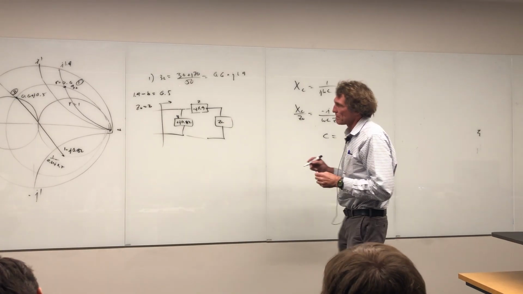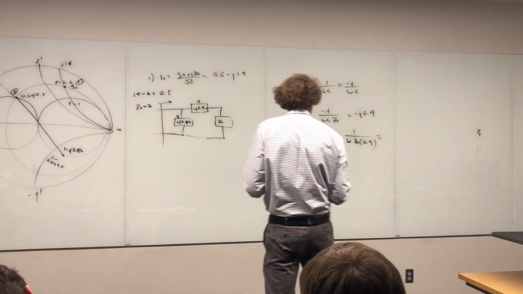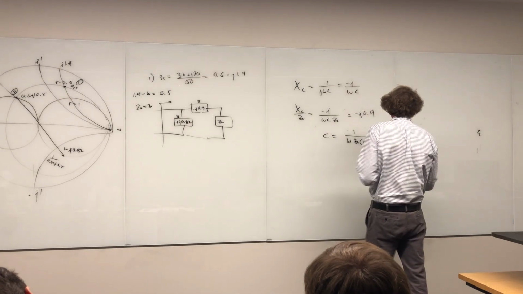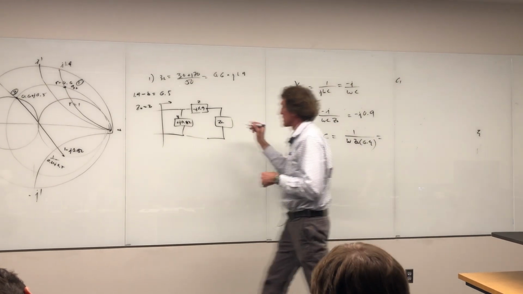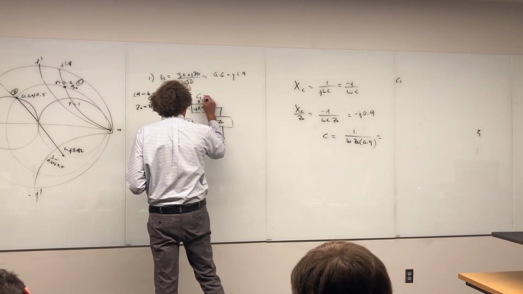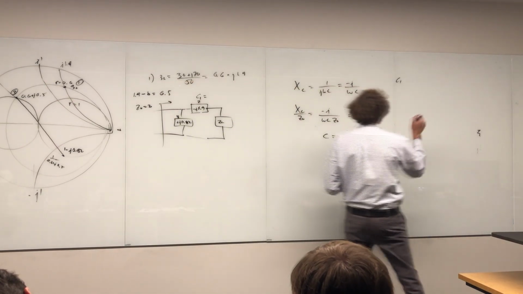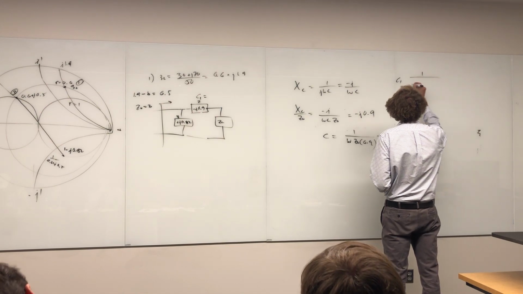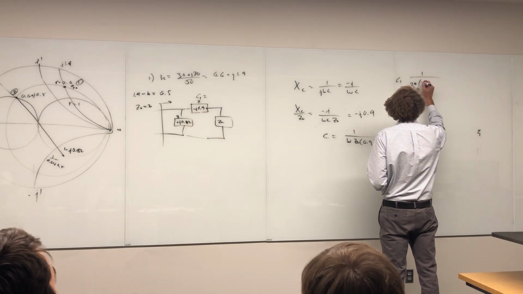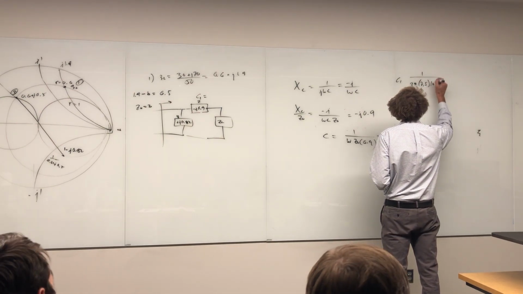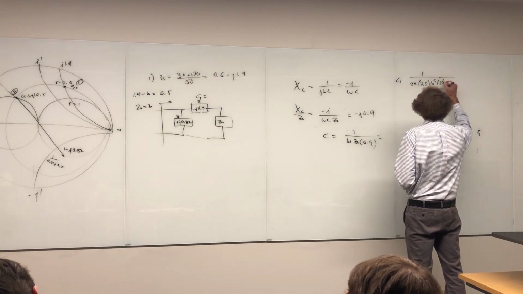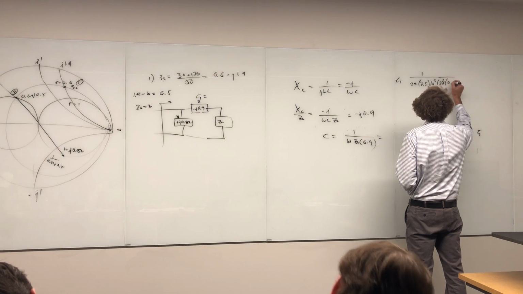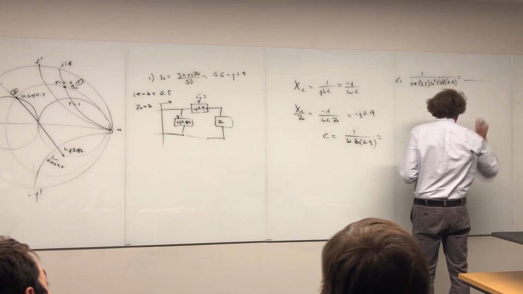Because Z naught on this one was equal to 50. So this should be, what, just a C1 here. Call it C1. Will be equal to 1 over 2 pi times 7.5 times 10 to the 9th. And then it's going to be times 50. And then it's going to be times 0.9. And what do you get for that?